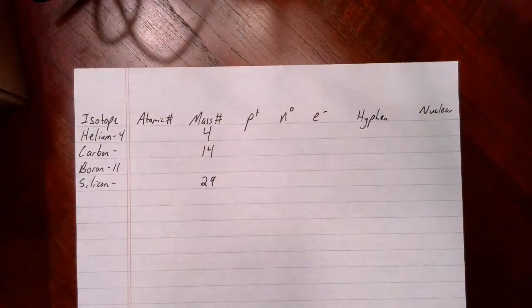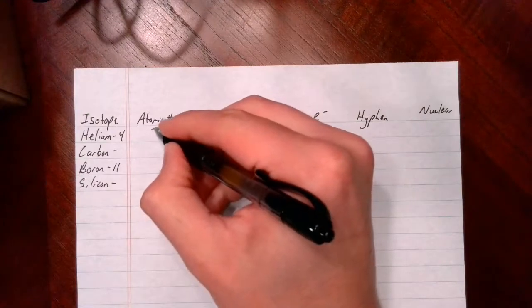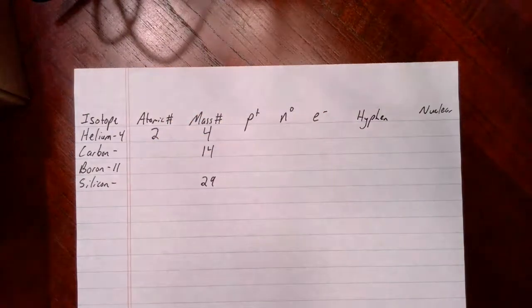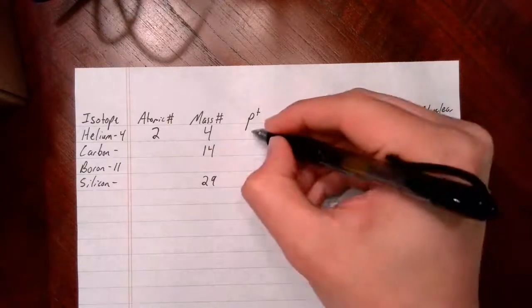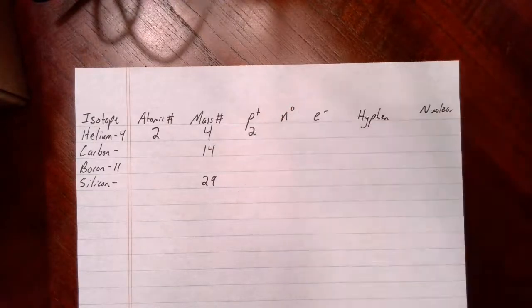So I believe in your notes, the atomic number was already written in. But let's pretend that it wasn't. How would I find that? So I could pretty easily go to the periodic table, find helium, find that its atomic number is 2. So we automatically know that the atomic number is equal to the number of protons. So those are equal.